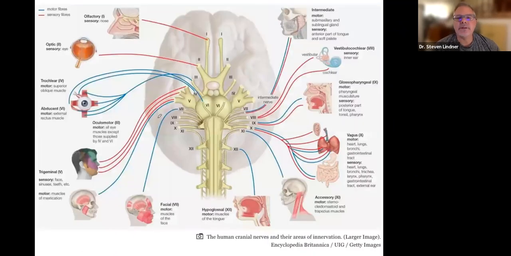Now here's just a little diagram showing you the 12 pairs of cranial nerves. I won't ask you all of these cranial nerves in terms of off of the brain. I'm happy if you can see the obvious ones right off the top. If you could see the olfactory, which is cranial nerve 1 for the sense of smell.